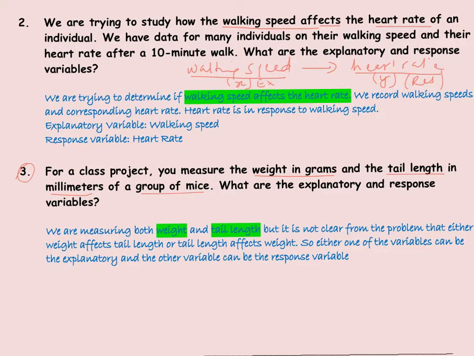So in this case, it will not really matter which one is which. So for example, you could take x to be the weight and then y to be the tail length, or the other way around. So you could take y to be the tail length and x to be the weight. It won't really make any difference in this case.